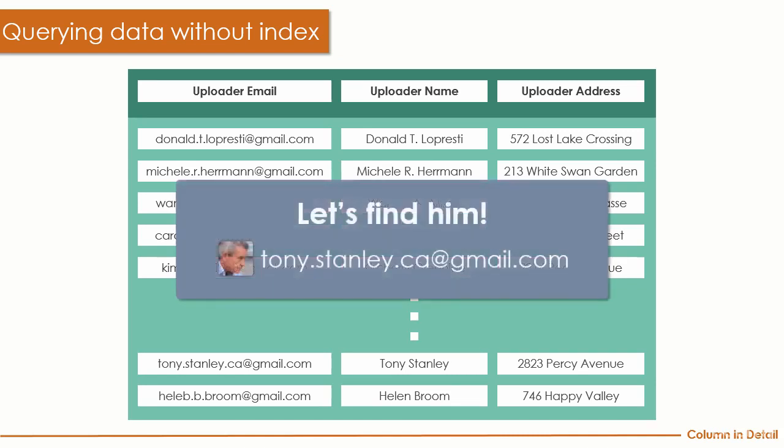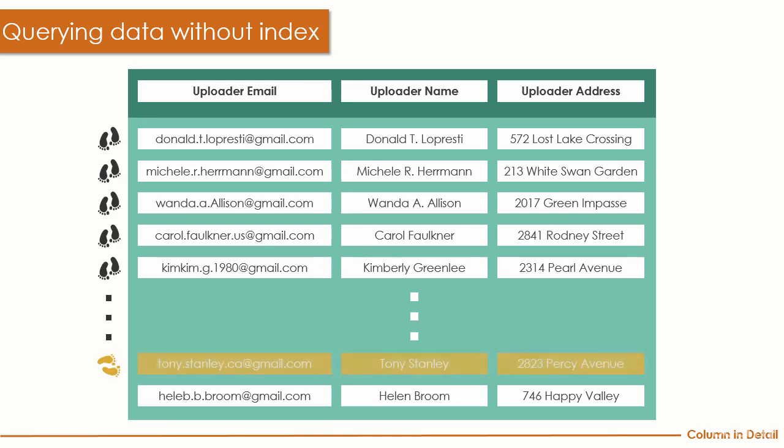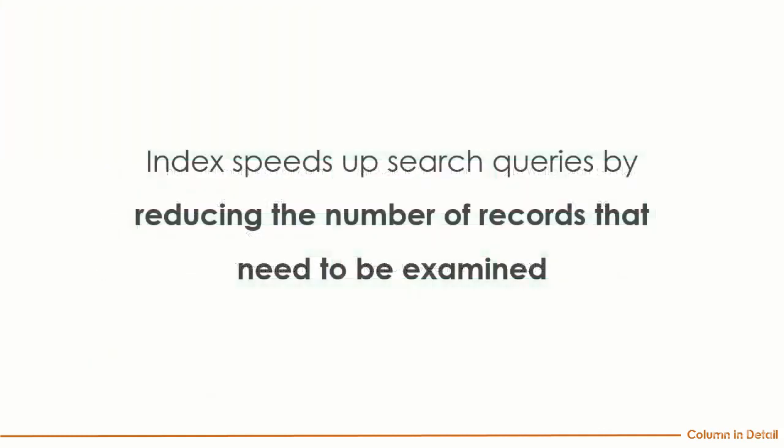Say we want to find the uploader email address tony.stanley.ca@gmail.com. Then the database needs to walk through row by row, and finally identify this is the row we're looking for. If you have an index, it can speed up the query of a specific record a lot.